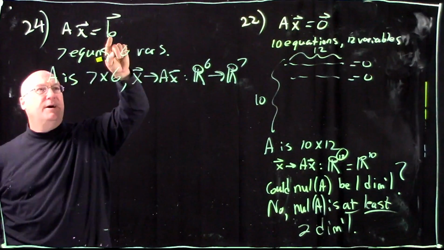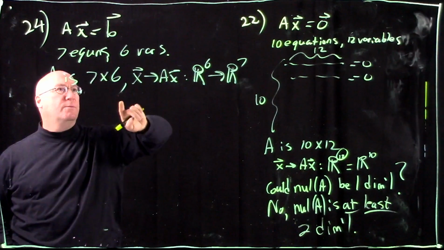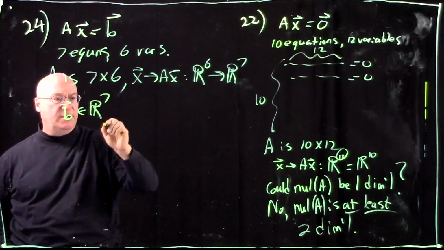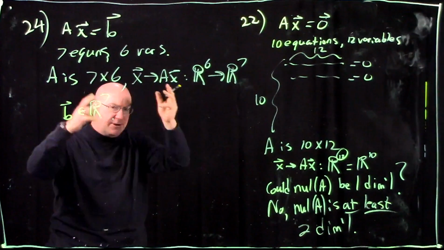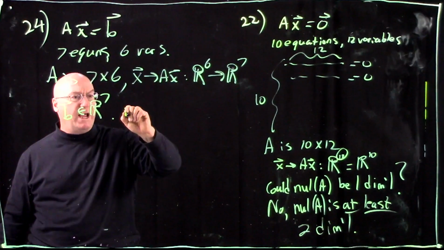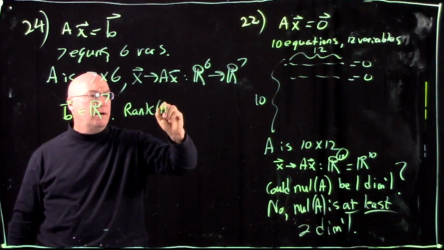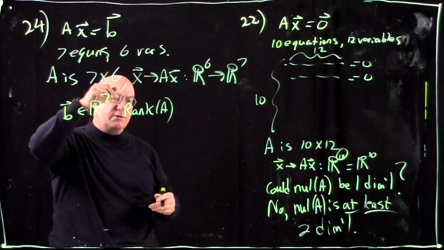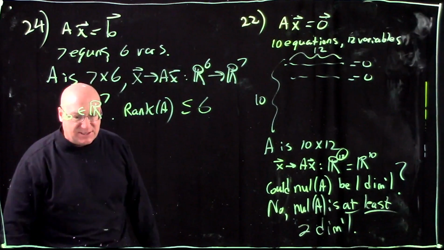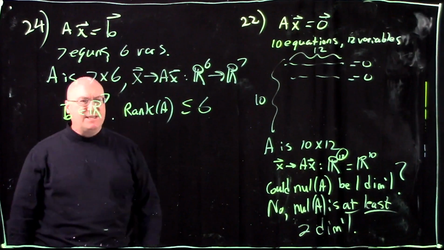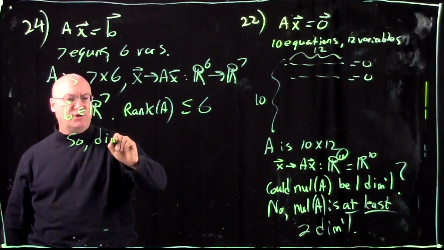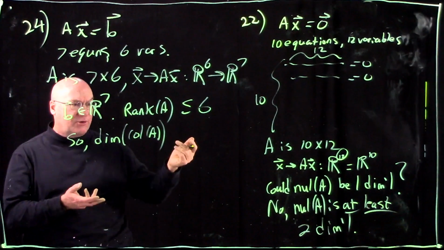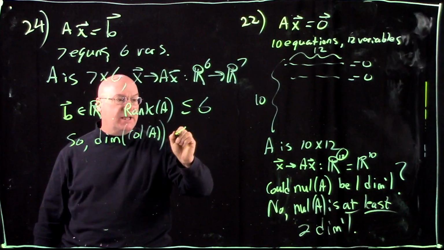Well, for every B, I said B is an element of R7. Right? So if I look at all possible B's, I fill out all of R7. The rank of A can be no more than the smaller of the number of rows or the number of columns. So it's less than or equal to 6. So the dimension of the column space of A, which is the dimension of the range of the linear transformation, is definitely less than 7.